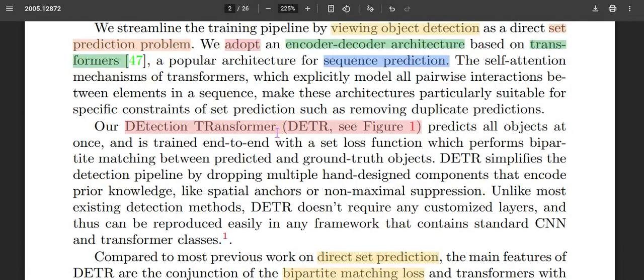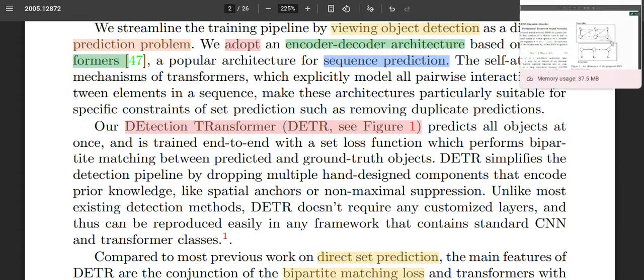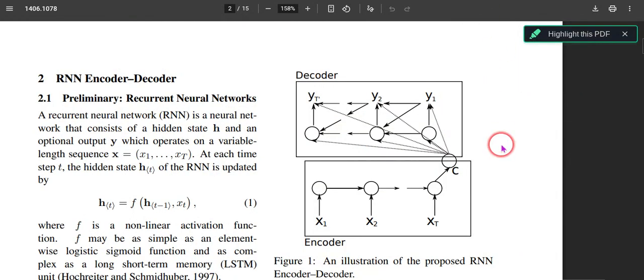The second thing is they try to formulate this object detection as a sequence to sequence prediction, similar to language problems. For this, we can take this paper as an example, where we wanted to have a neural machine translation architecture, with an encoder decoder based mechanism, where the encoder encodes the input language, for example German, and that whole sentence is encoded using an RNN architecture like LSTM into a single context vector.